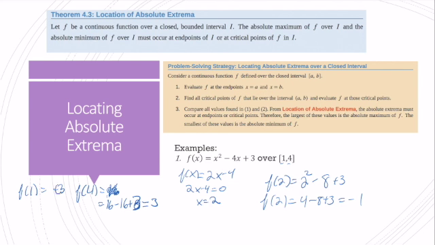Okay, well, we were having some issues. So let's go ahead and look at our interval right here. Here I have negative 1. That's the lowest value I got. So this is my absolute minimum. And here 3 is our biggest value, so that's my absolute max. There we found the extrema. Hooray!